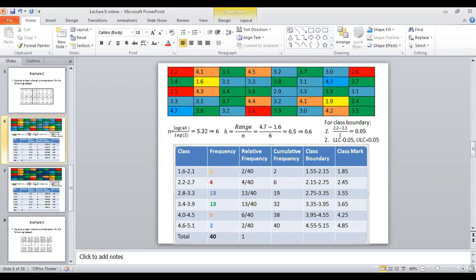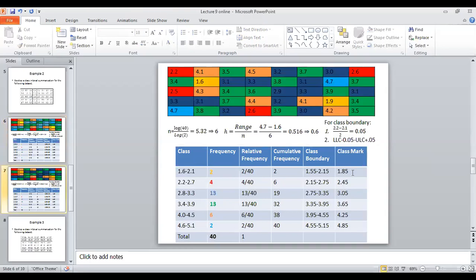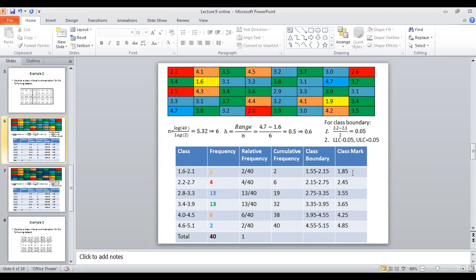I had already done this example, so let's see if we have got the same results. We have the same results, and this means that we have done this correctly. But let's check one thing. There seems to be a little difference in the class mark of the third class.